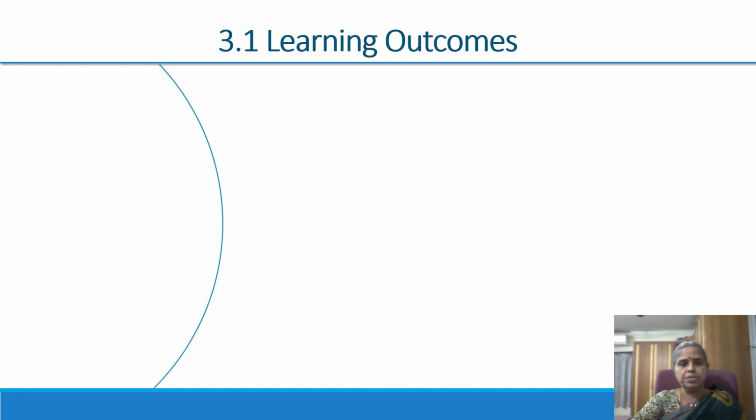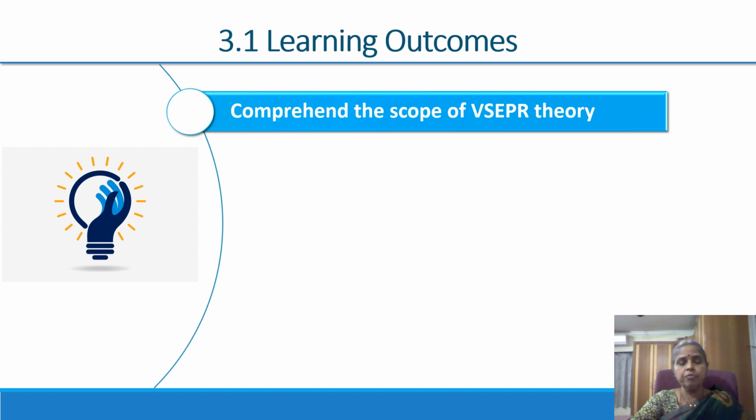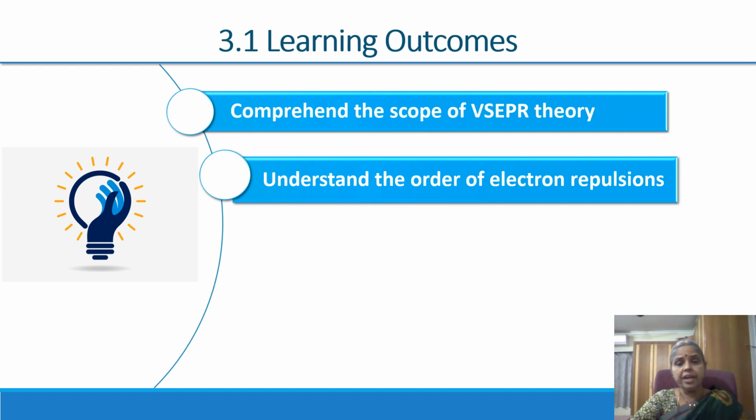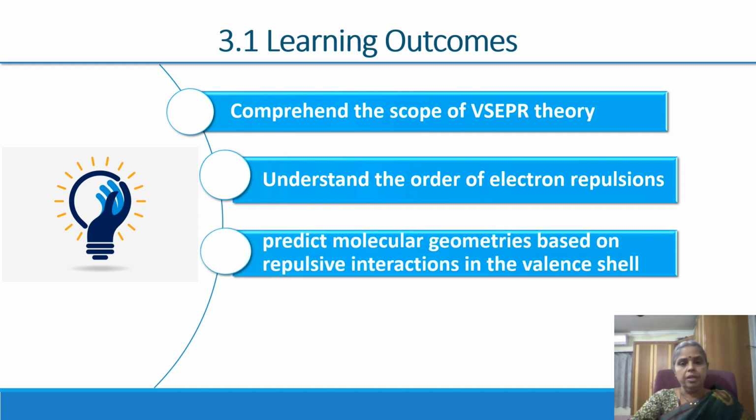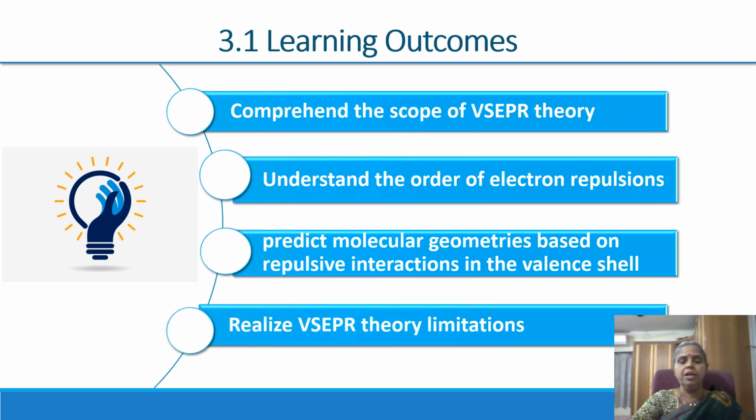Learning outcomes. By the end of this chapter, the learner would be able to comprehend the scope of VSEPR theory, understand the order of electron repulsions, predict molecular geometries based on repulsive interactions in the valence shell of the central atom, and also realize VSEPR theory limitations.